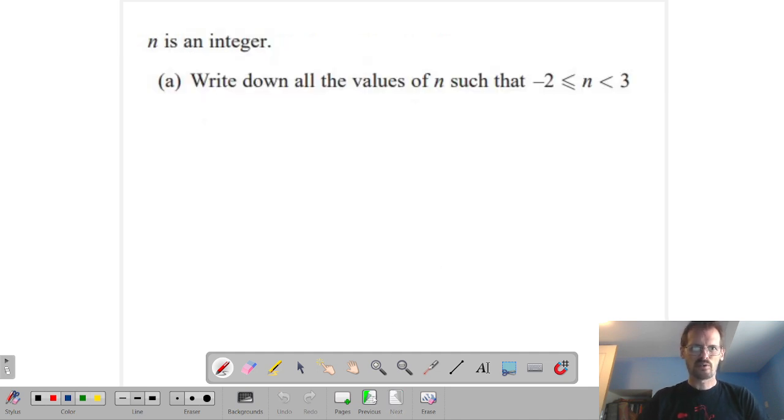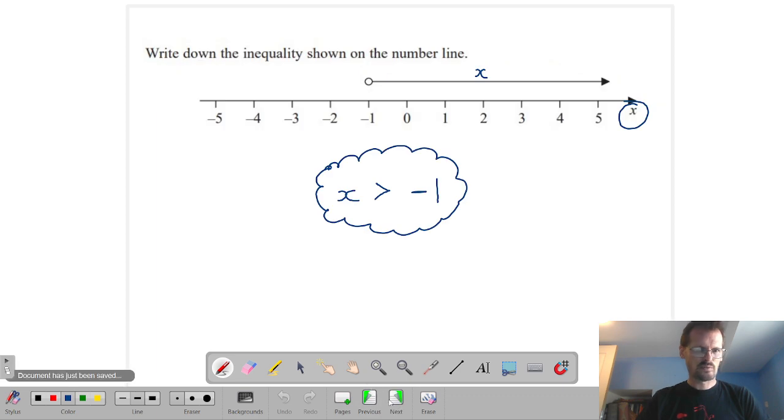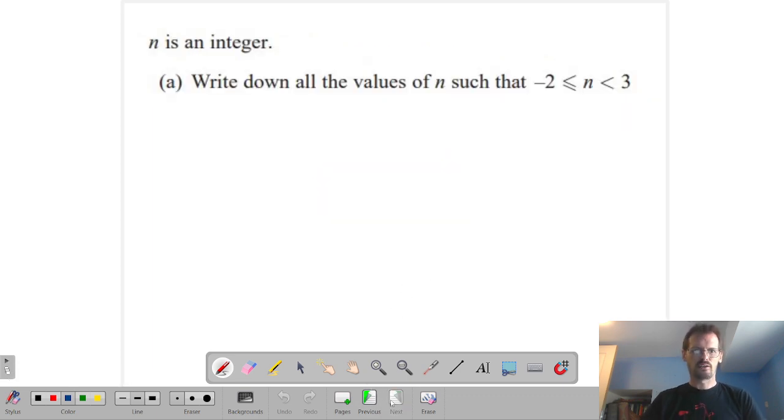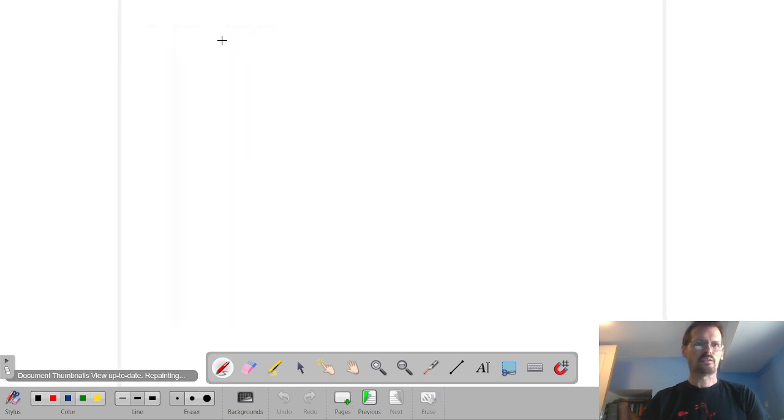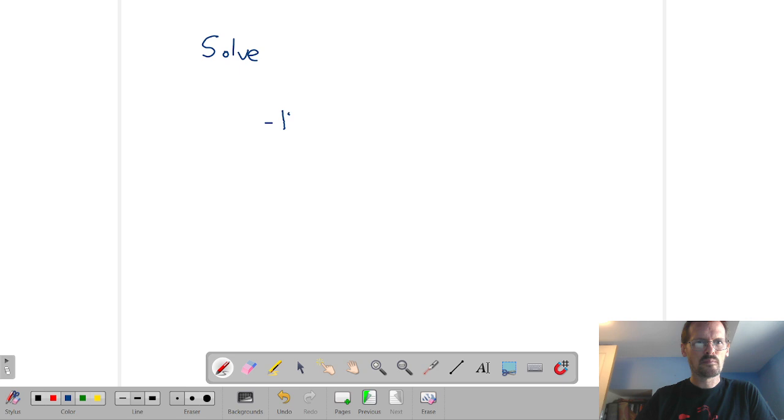I think we've done that one already. So let's find a slightly harder example like this. Solve the inequality: minus 12 is less than or equal to 2x, and that's less than 3.